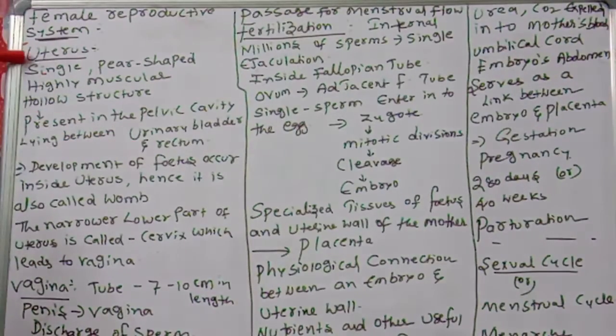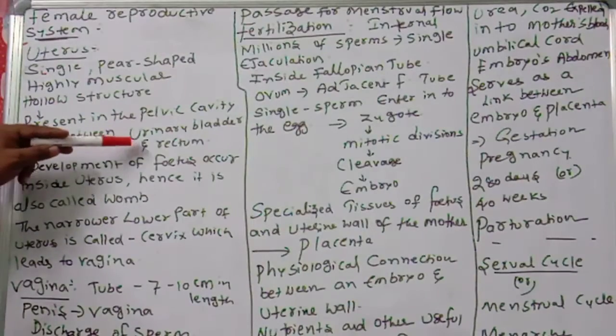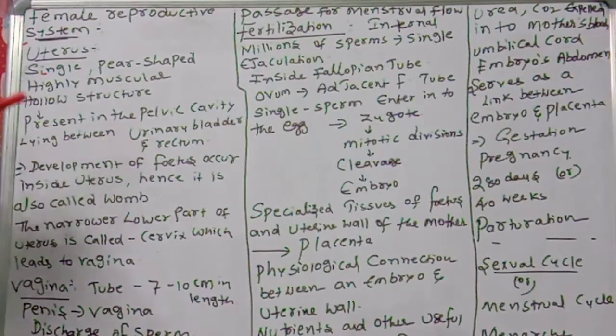Once again, the uterus is a single, pear-shaped, highly muscular, hollow structure present in the pelvic cavity, lying between the urinary bladder and rectum. What is the main role of the uterus?